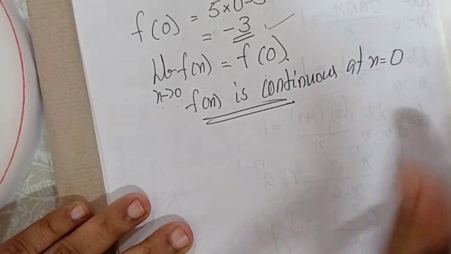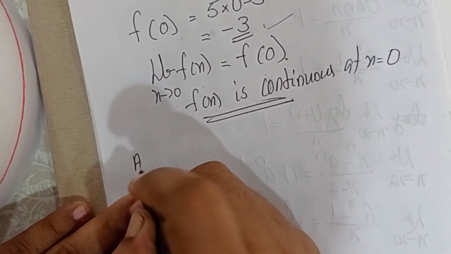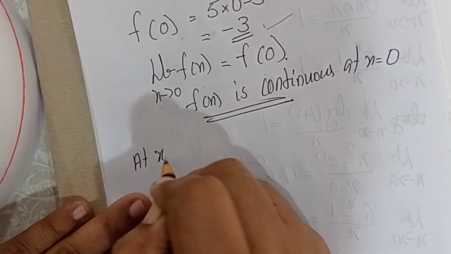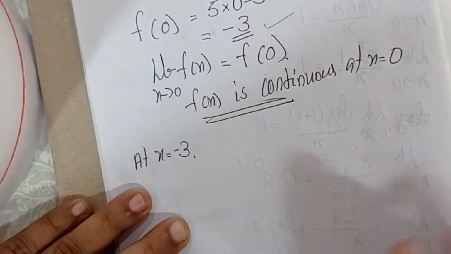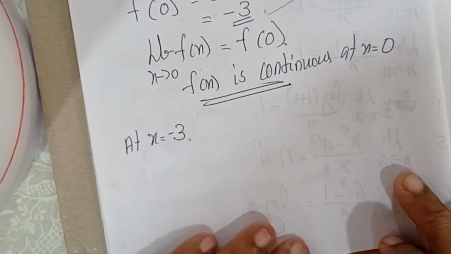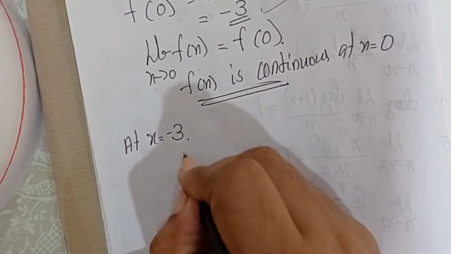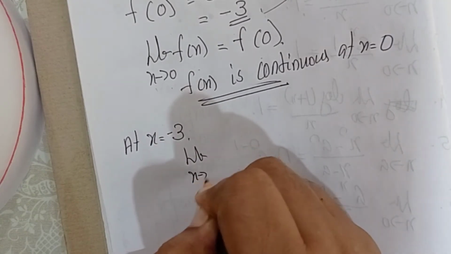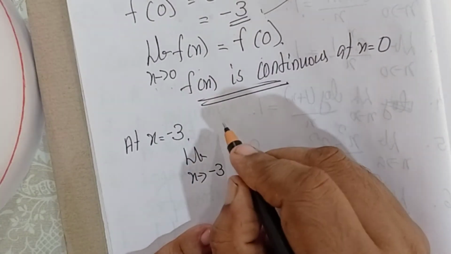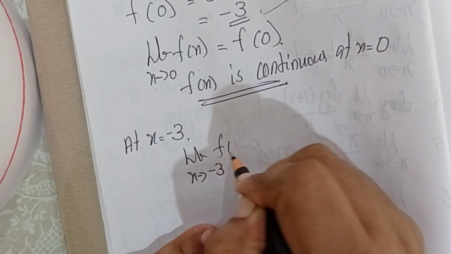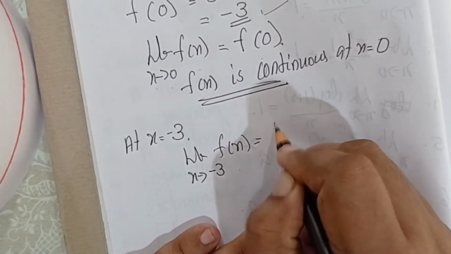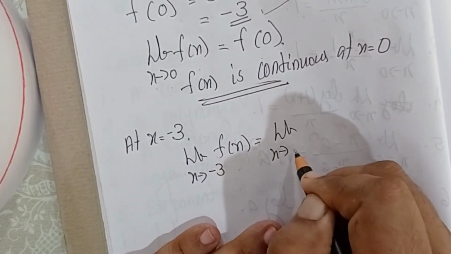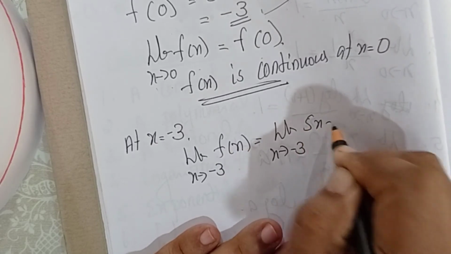What's the second question? 3 different questions. At x equal to minus 3. Limit x tends to minus 3 f(x) equal to limit x tends to minus 3 of 5x minus 3.